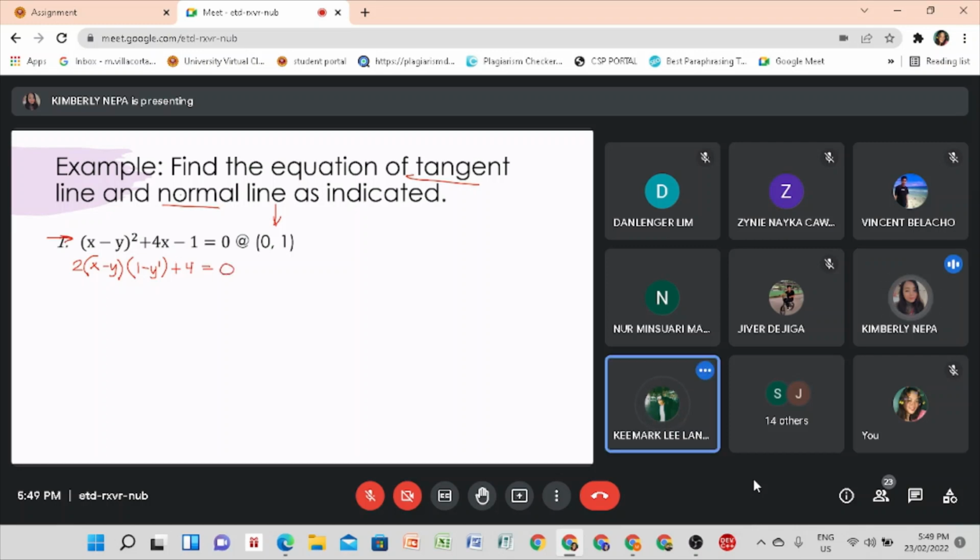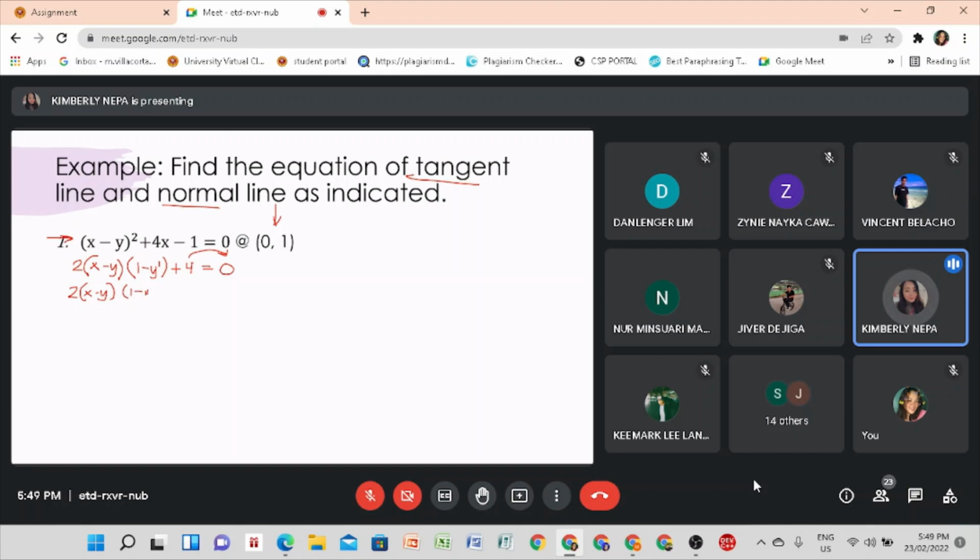Yes po. So next one is we have to isolate our y prime, since that is what we are looking for, the slope, right? Yes po. So in order for us to isolate that, we'll move this other term to the other side. It's the same, we just won't distribute.